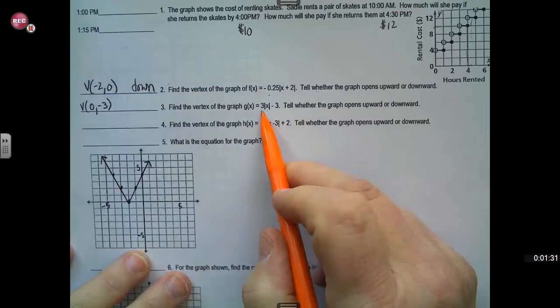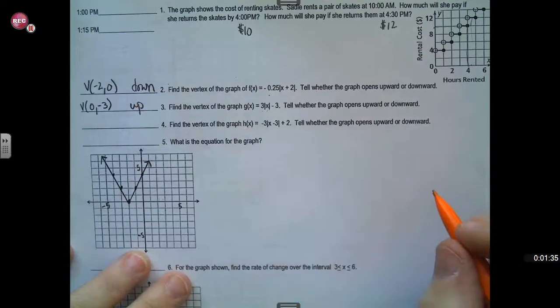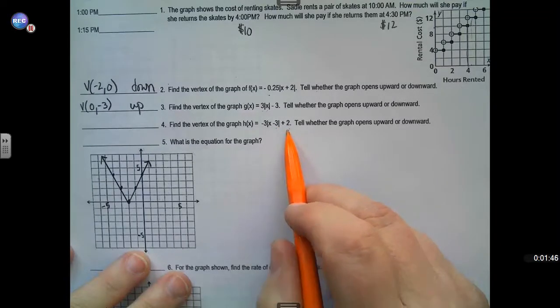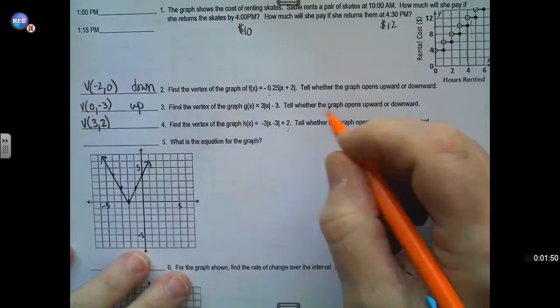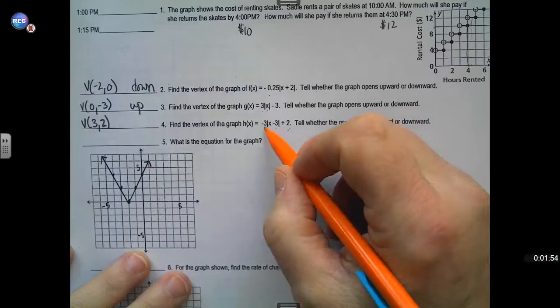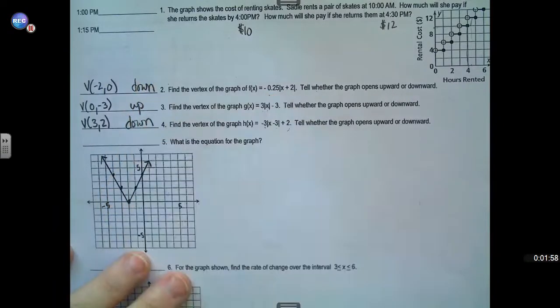The coefficient of x is positive, so this absolute value function would open up. Next one, the vertex would be the opposite of what's with the x, so 3, 2, the same as what's out here. So it would have a vertex of 3, 2, and it's negative out front of the x, the coefficient, so this one also would open down.